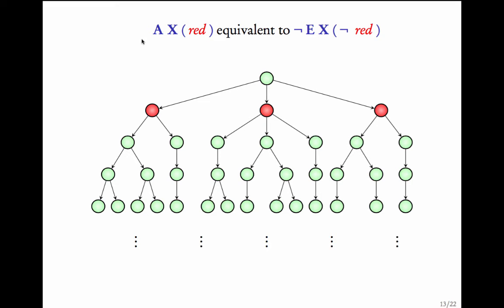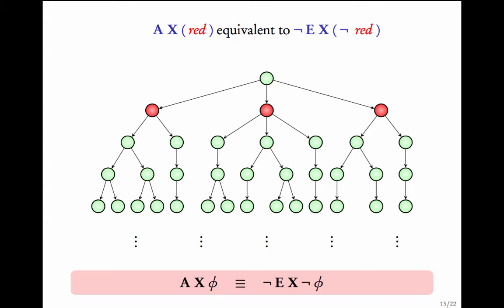So AX red can be rewritten using just E. All paths satisfying a certain property is the same as saying it's not true that there exists a path where the next state does not satisfy that property. Okay? This is what is written here. AX phi. Whenever you see the formula AX phi, you can rewrite it as not of EX of not phi. Try to get this clear before we get into the next step.